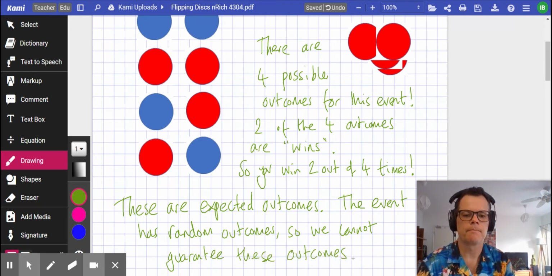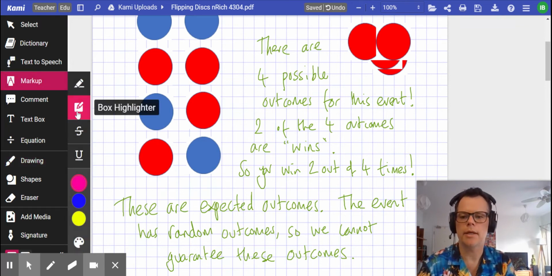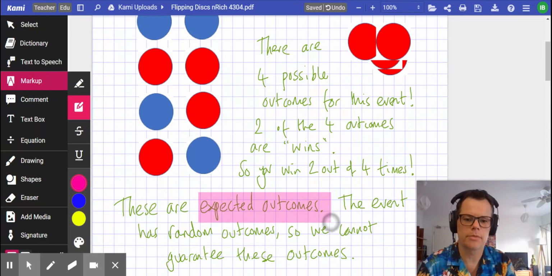And again, if you're not sure about any of those words there, not exactly sure how they're worded, so these are expected outcomes. The event has random outcomes, so we cannot guarantee these outcomes.